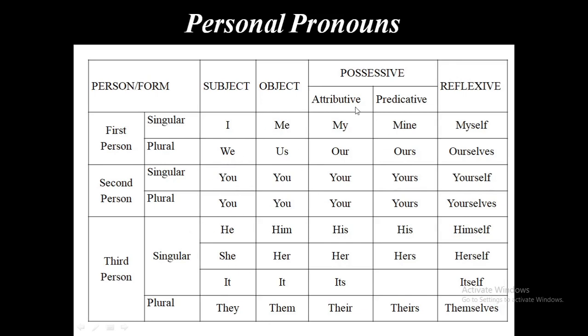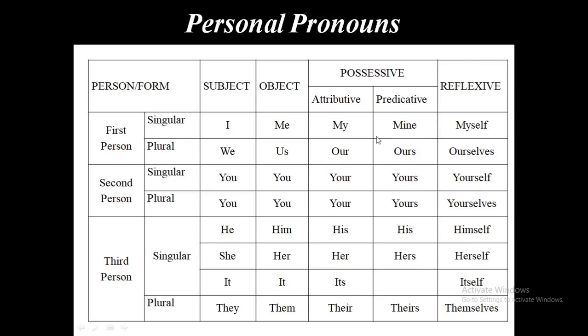And then possessive pronouns. Possessive pronouns refer to belongingness. Here first person singular attributive pronoun is my and predicative is mine, then our, ours, your, yours, and his, her, hers, its, their and theirs.